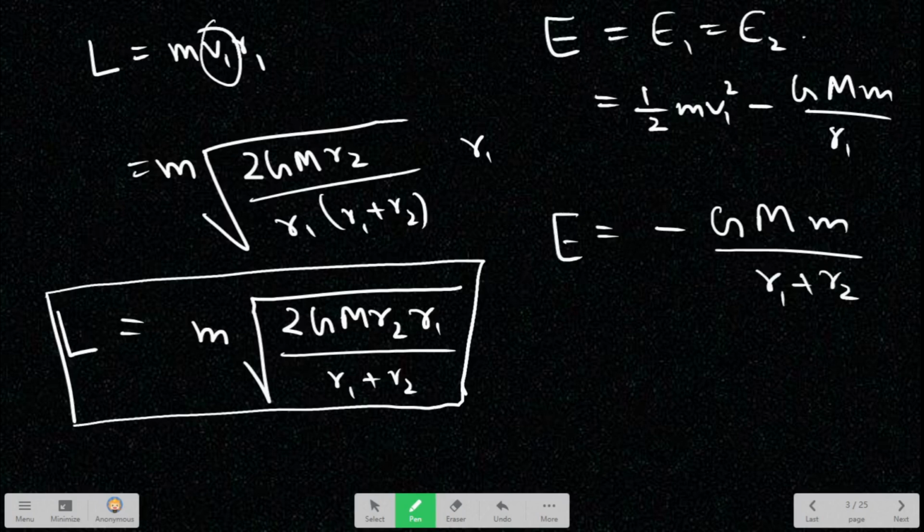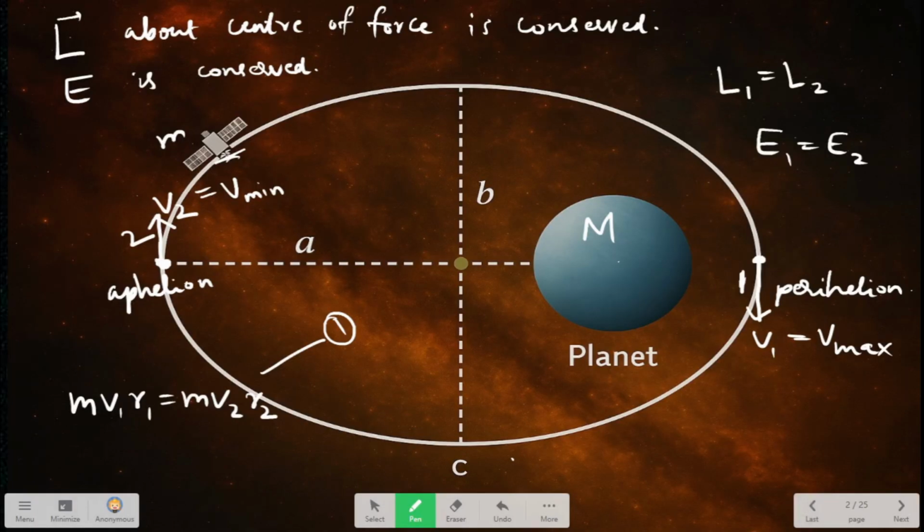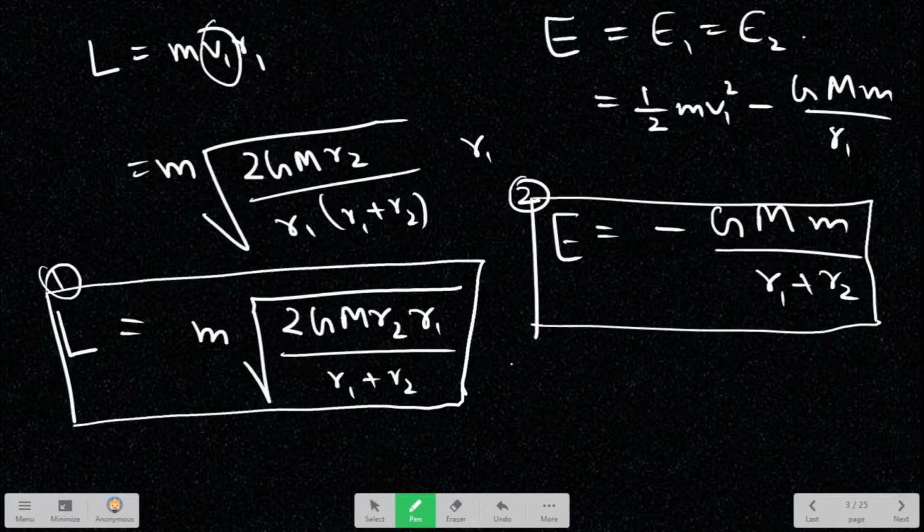This is energy of an orbiting satellite in an elliptical orbit. So these four formulas, one for angular momentum, the second for energy, and the others for V minimum and V maximum, are important.